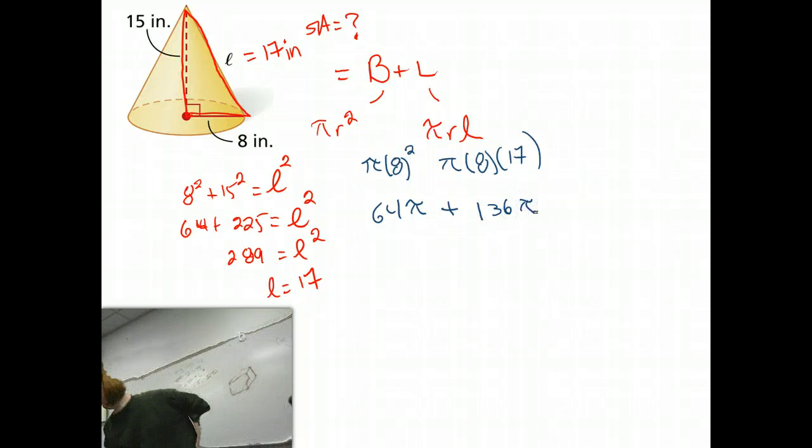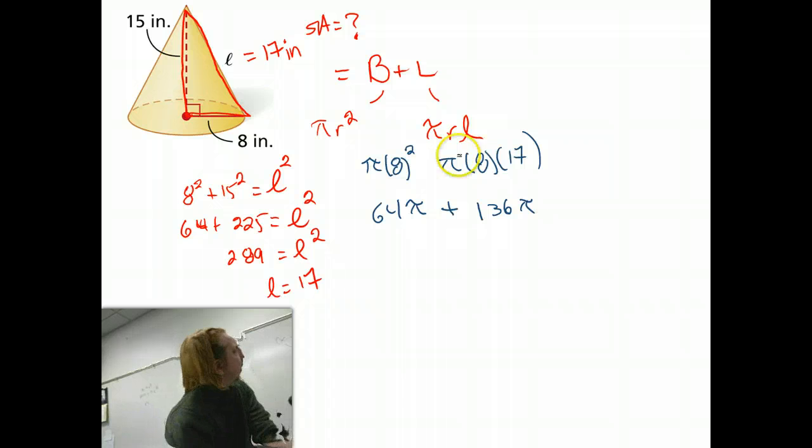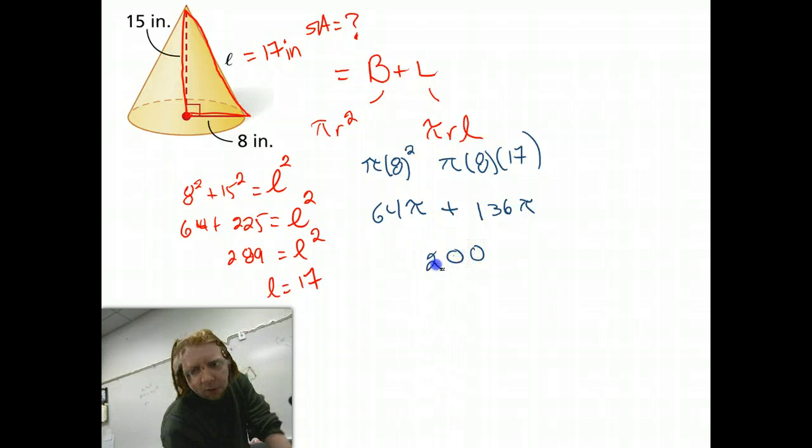Really should know better than to try to multiply in my head. Yeah. And that, I can combine my like terms, gives me 64 and 136, 200 pi.